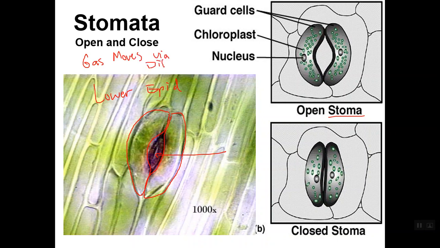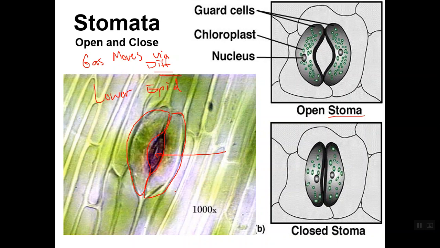This is not a pump. This is not a protein or anything like that. This is not active transport. It's just two cells with a gap in the middle, and gas diffuses in and out of them. CO2 will diffuse in from the atmosphere, and oxygen will diffuse back out.